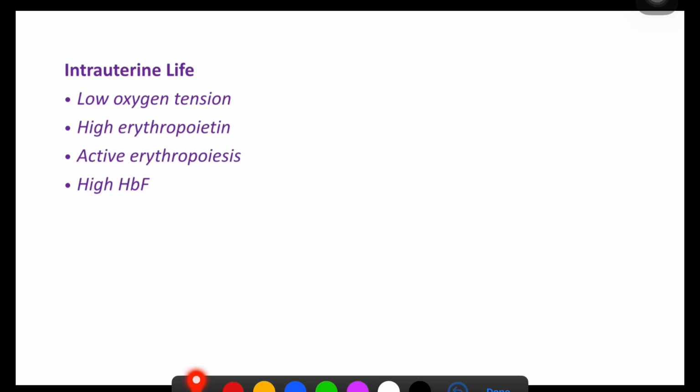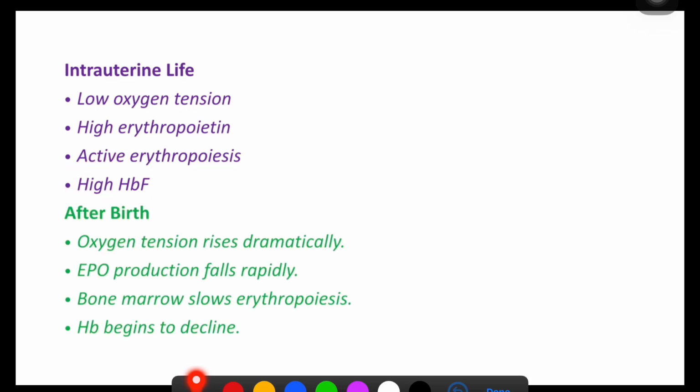So, during intrauterine life, there is low oxygen tension, high erythropoietin, active erythropoiesis and high hemoglobin F. And after birth, oxygen tension rises dramatically, erythropoietin production falls rapidly, bone marrow slows erythropoiesis and Hb begins to decline.